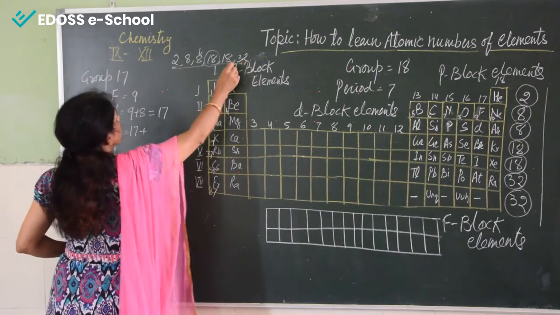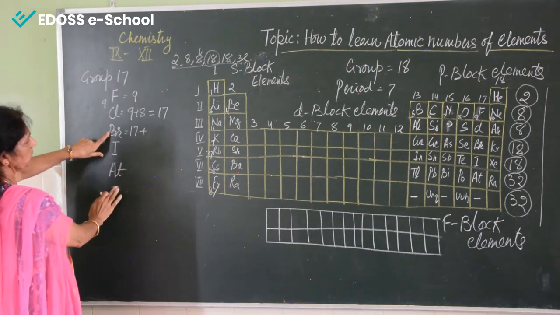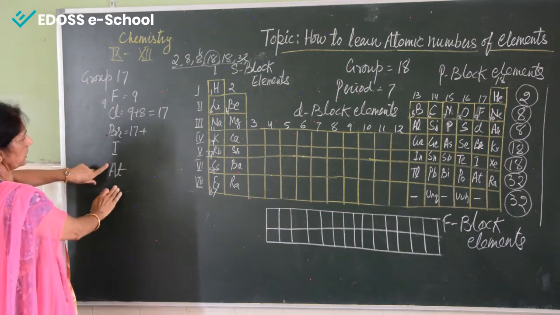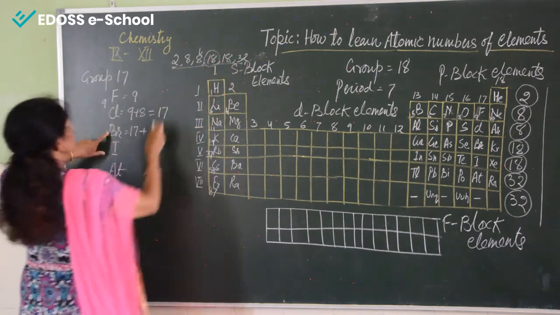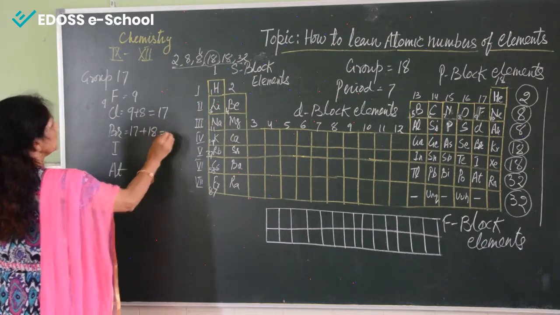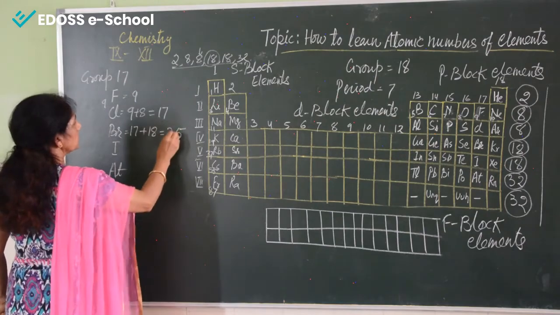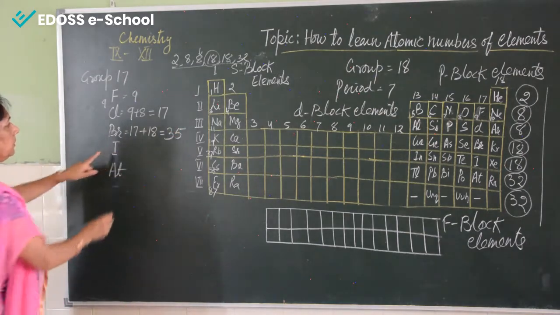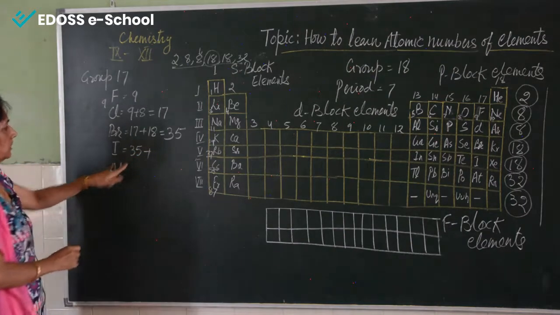Leave this one, we are not counting this one. So this is 1, 2 and 3, so this is 18. So this will be 35.